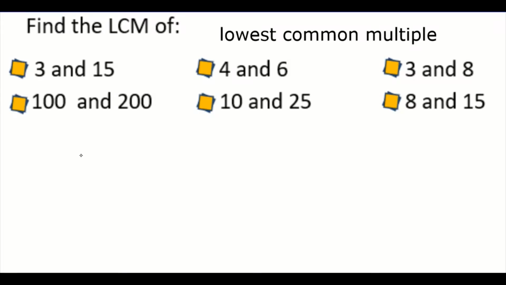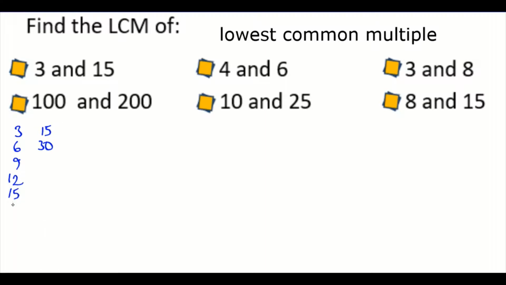Here we want to find the lowest common multiple. So that's a number which is a multiple of both numbers in each part, and it's the lowest of those. Now you could do this with a list of multiples. So multiples of 3, we get 3, 6, 9, 12 and so on. Multiples of 15, we get 15, 30, and in fact I should have kept going there. 15 is on both lists.